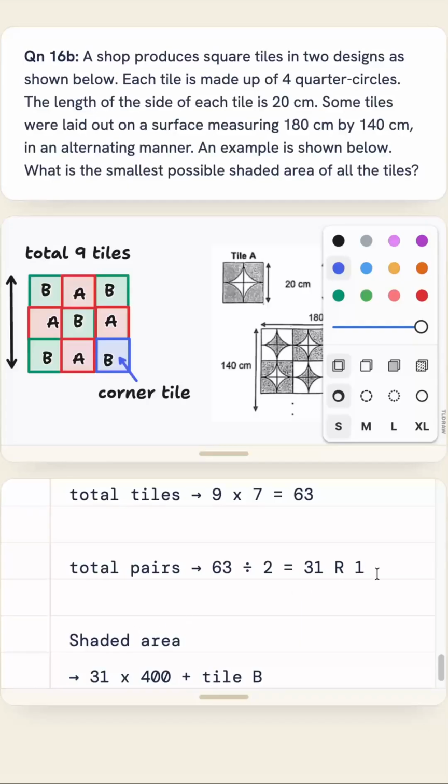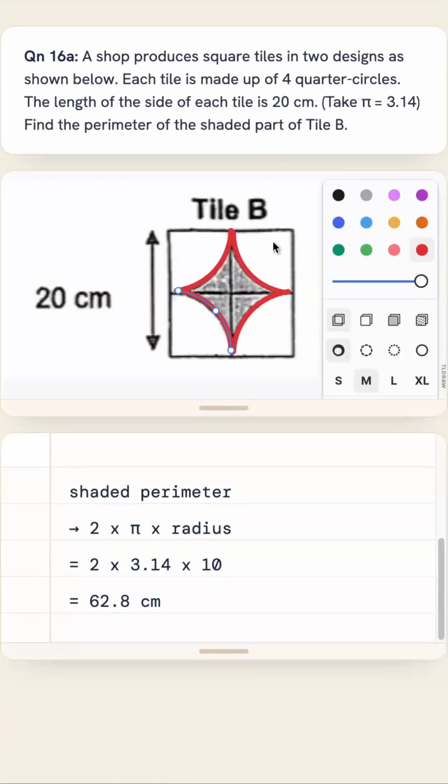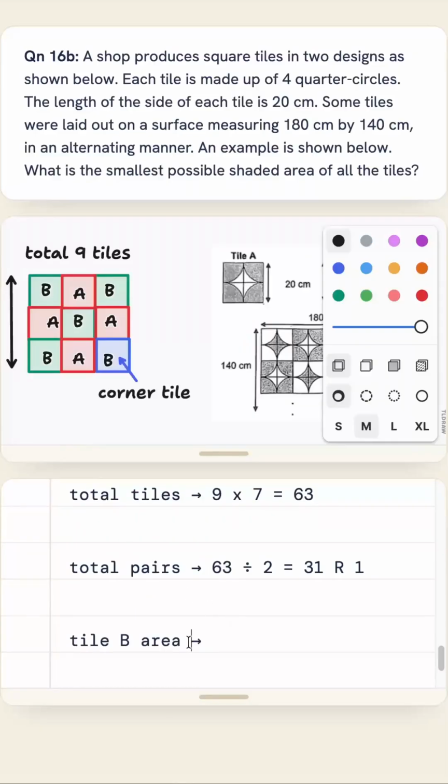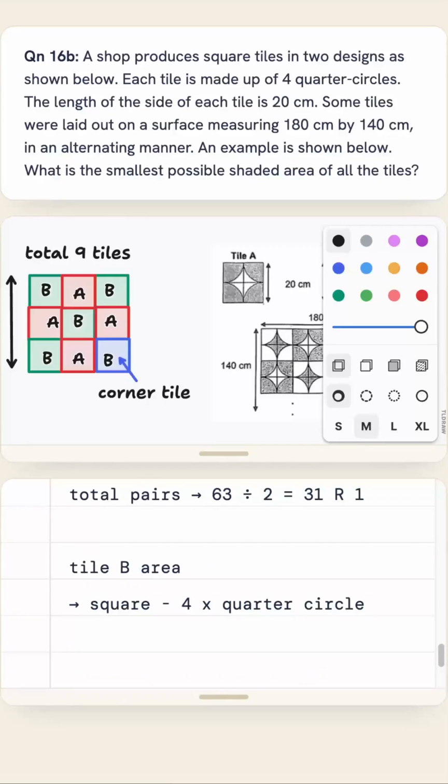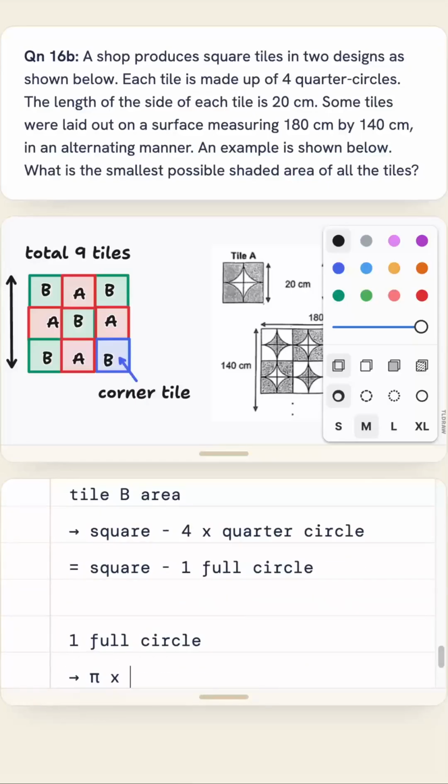So what is the tile B area? If you've done part A, then you probably know, but just to refresh, tile B area is basically the area of the square minus the 4 quarter circles, which is actually one full circle. So the square we know is 400. 4 times quarter circle is essentially equal to one full circle, which is pi times radius squared.